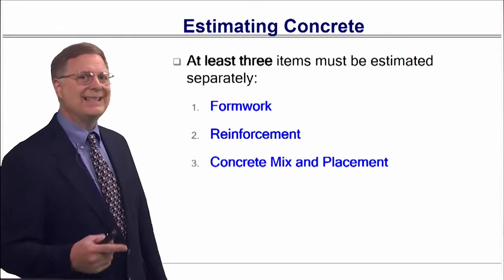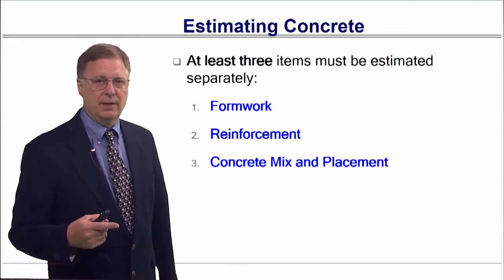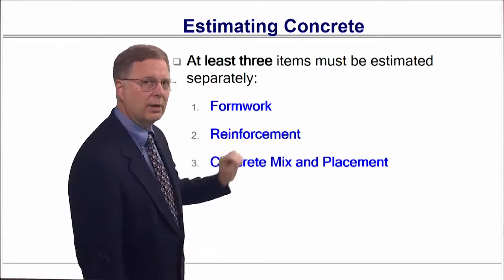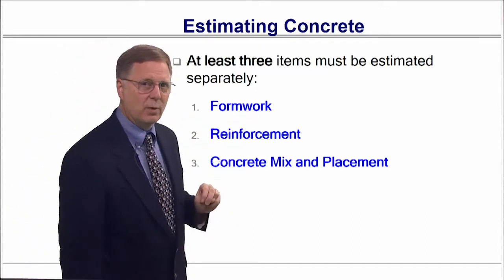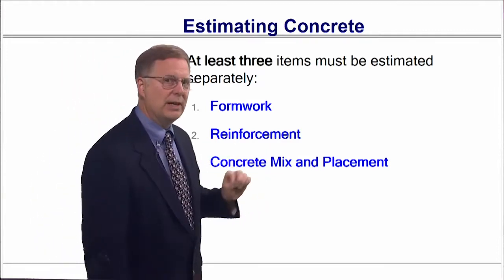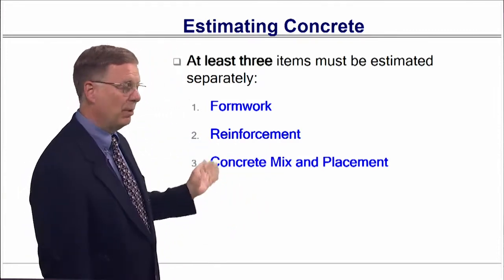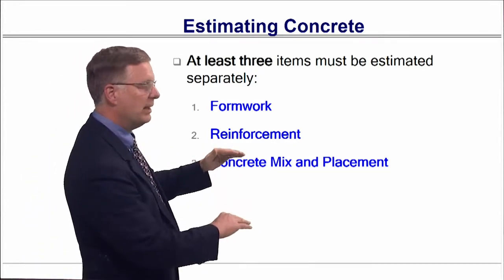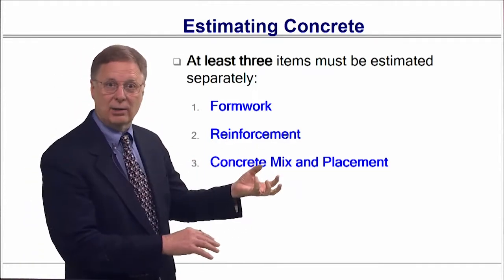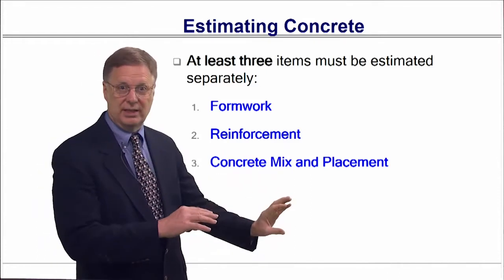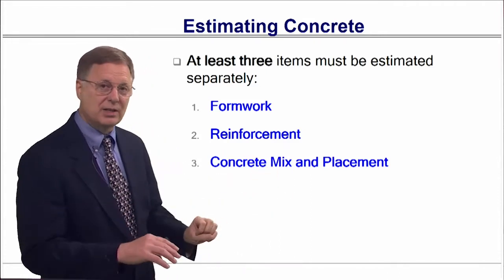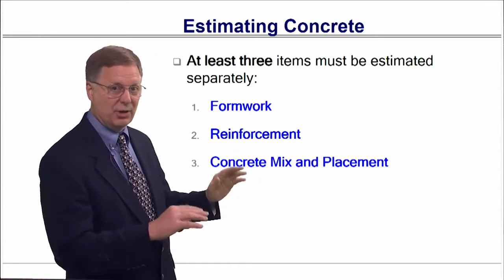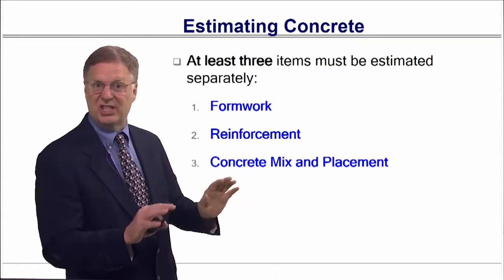So the three things that you estimate for concrete in the unit price world is you price the formwork, you price the reinforcement, and you price the actual placement, which includes both the mix and the placement. Now, I have seen other estimators break these two out, so you buy the concrete and you buy the installation. You have those two separately because while the amount of concrete in a beam and a slab are the same, the placement is different.